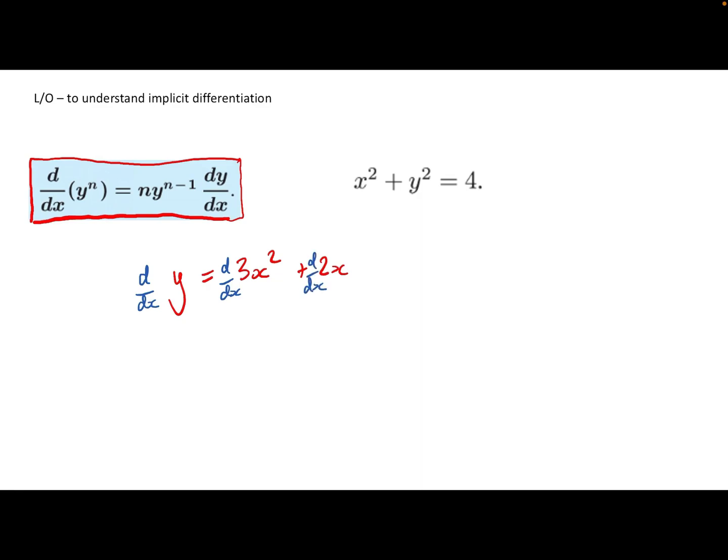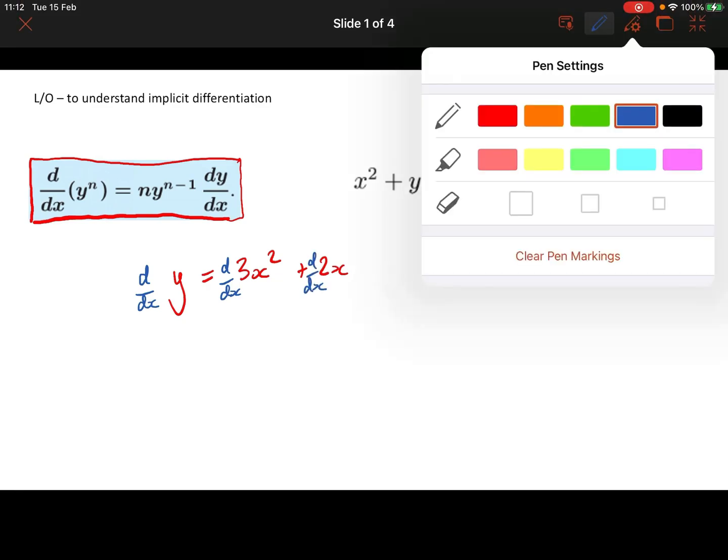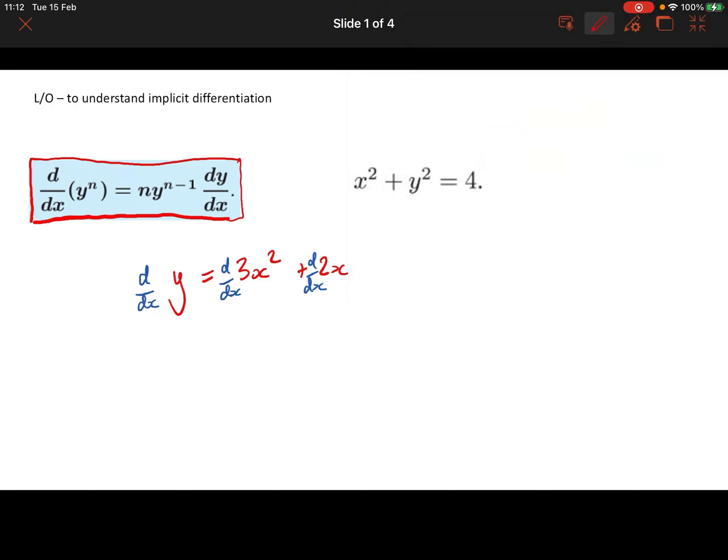Okay, just the same. Now, if we differentiate y with respect to x, we can't do that, so we're going to do dy of y and then multiply it by dy dx.